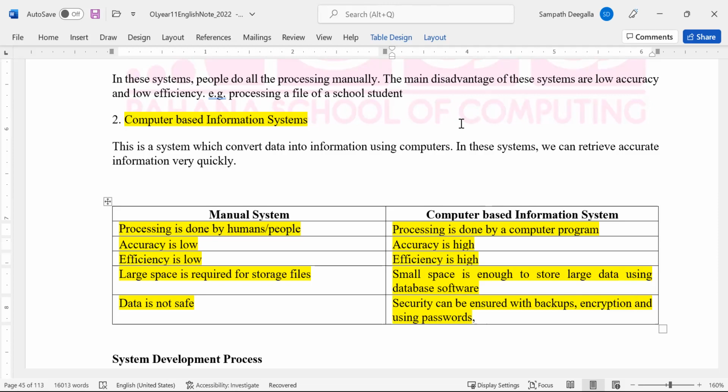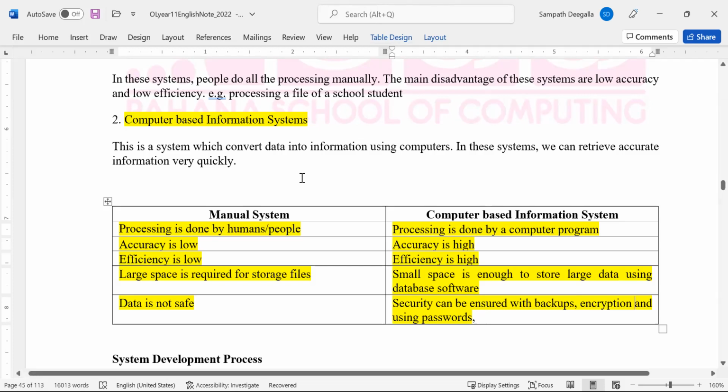Now, for example, some Word files and PDF files have a password when you open them. So you can password protect so that only authorized users can use this information in the computer-based system. Right. So those are the comparison of manual and computer-based systems.